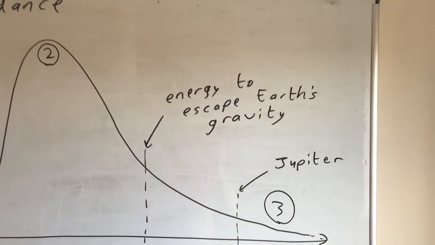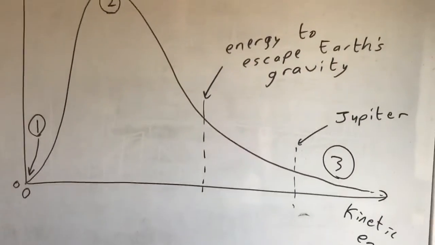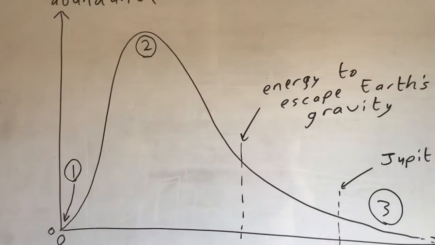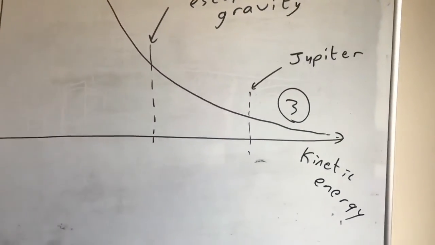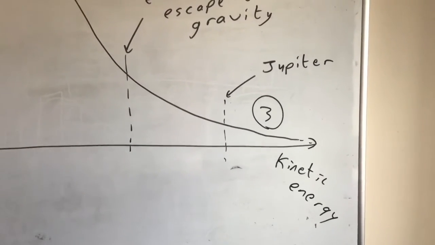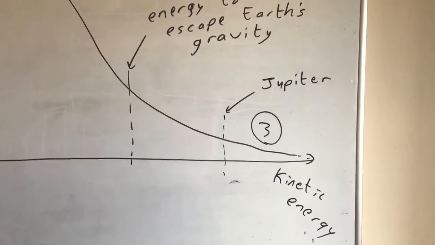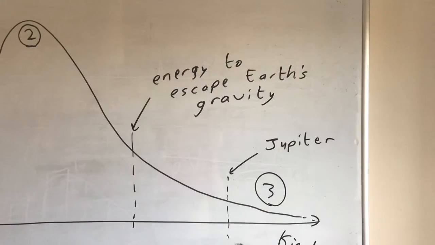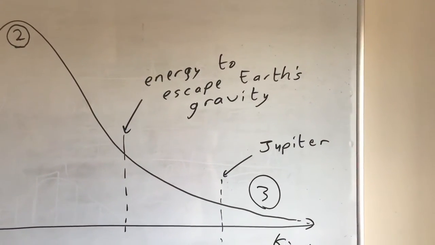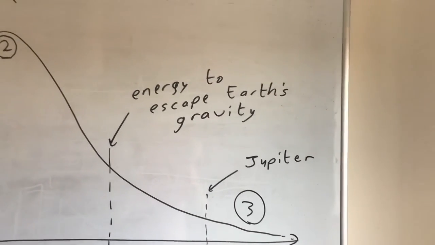And here you can imagine if this was the amount of energy that you needed to escape Earth's gravity, oh, look at this. All these particles in that area, they have enough kinetic energy to escape. So light gases have escaped Earth's gravity. Things like helium and hydrogen, we find very little of them in the atmosphere. Instead, we have heavier gases in our atmosphere, like nitrogen and oxygen.